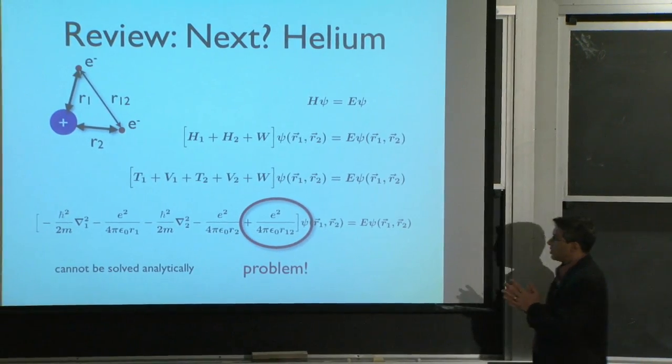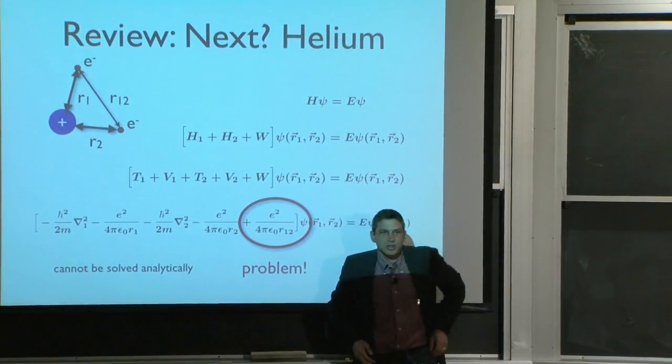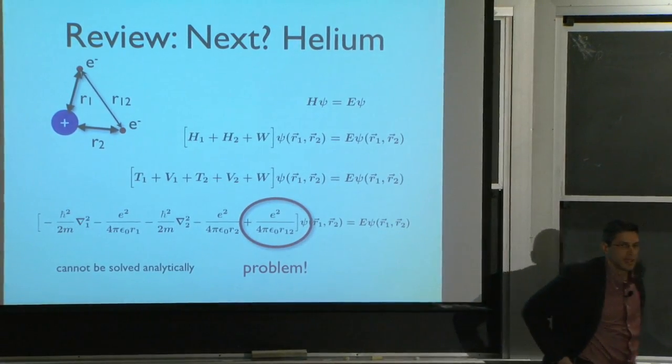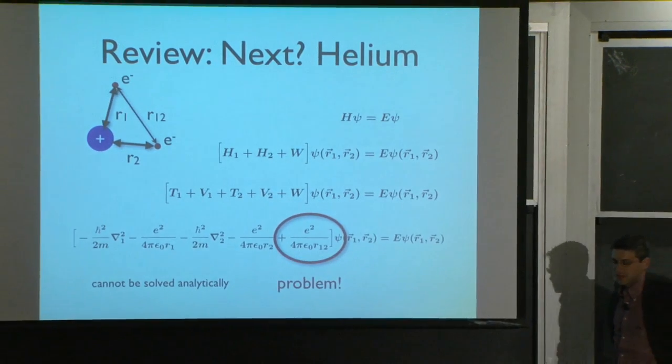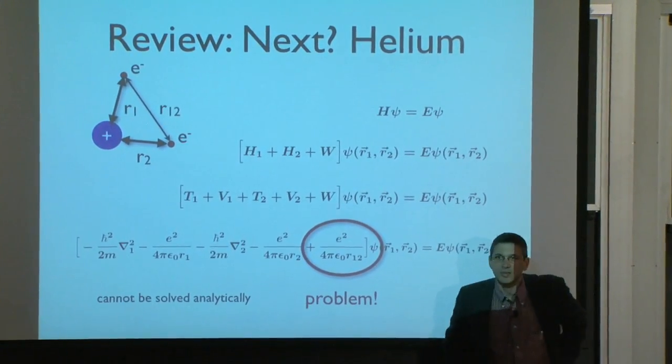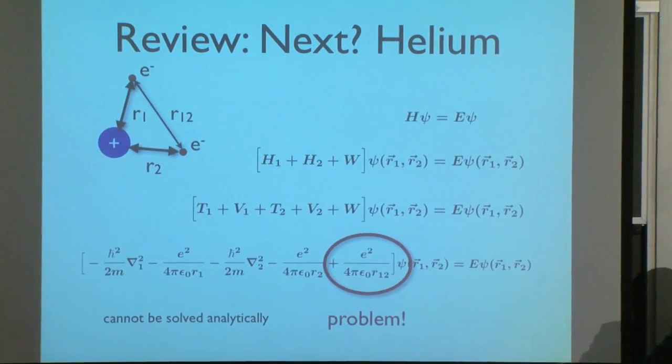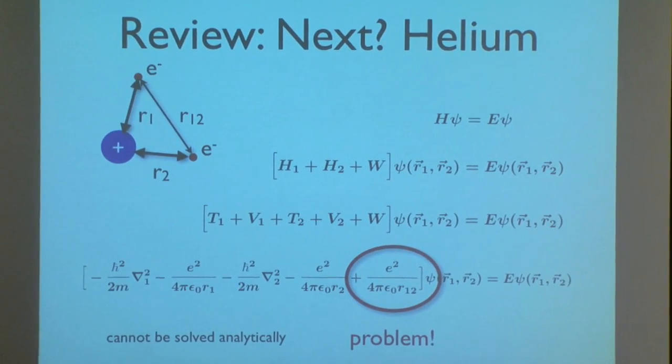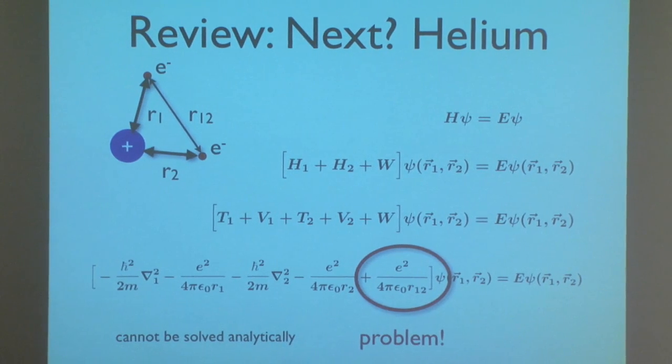I think you talked about this. This is where you started, because we had this quantum mechanics that we couldn't solve. Then we said you can solve it analytically for hydrogen, and we did, and that explained the periodic table, amazingly, if you only had 1 electron and 1 proton.